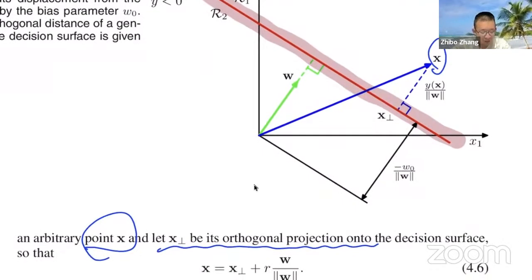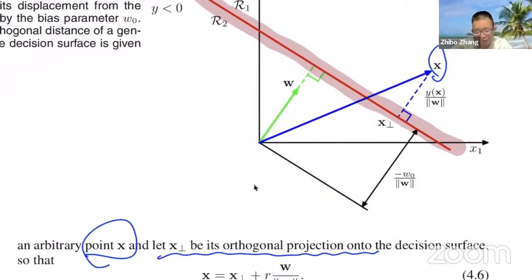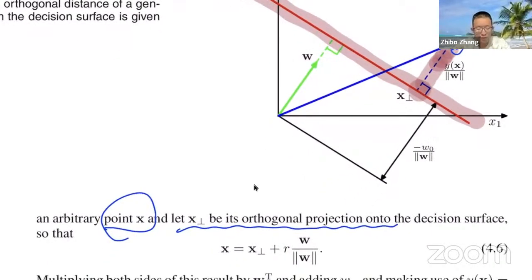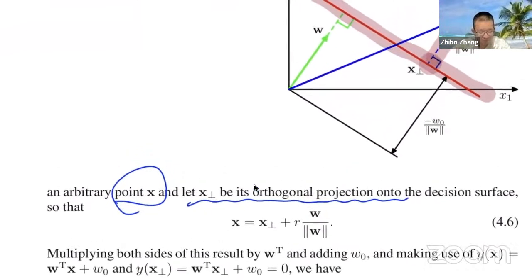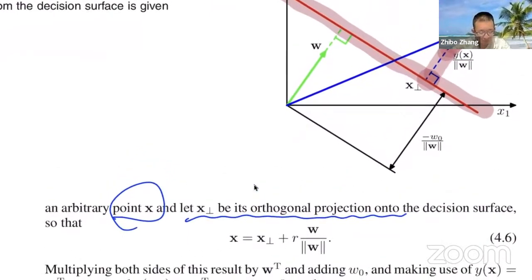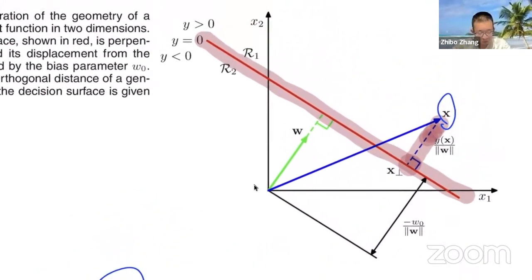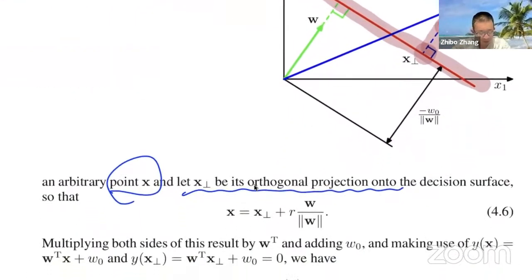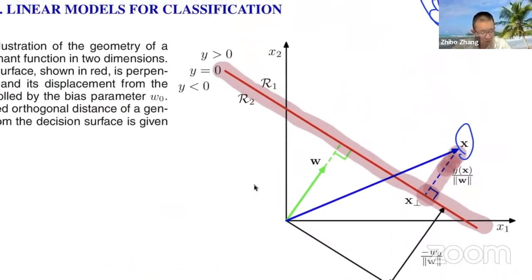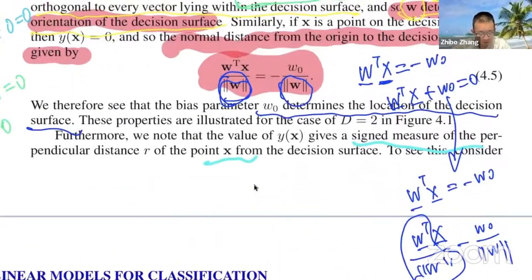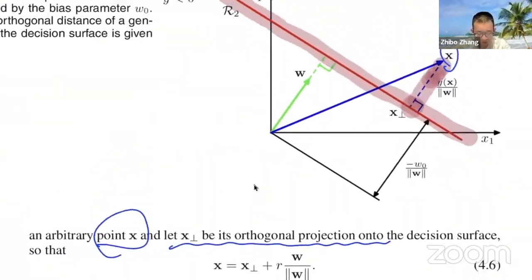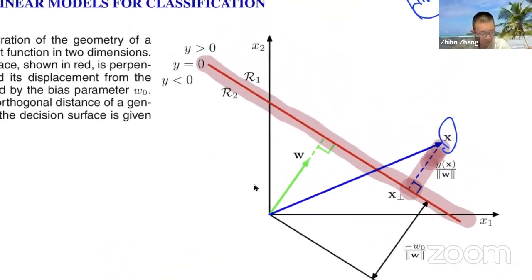Let it be its orthogonal projection, so basically this point onto the decision surface. So let's look at this formula here. What is r? Does it say anything about r? Here's small r.